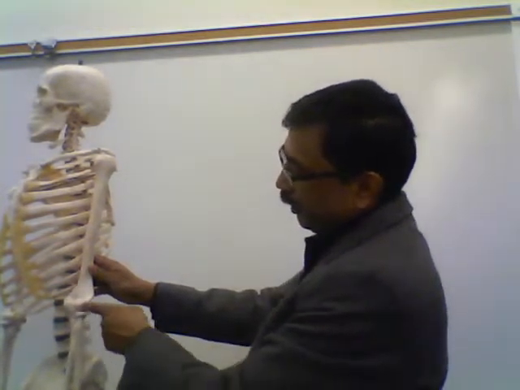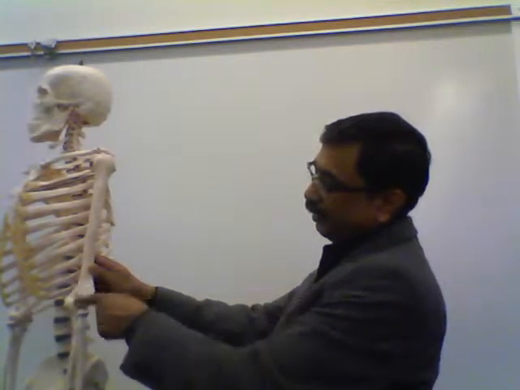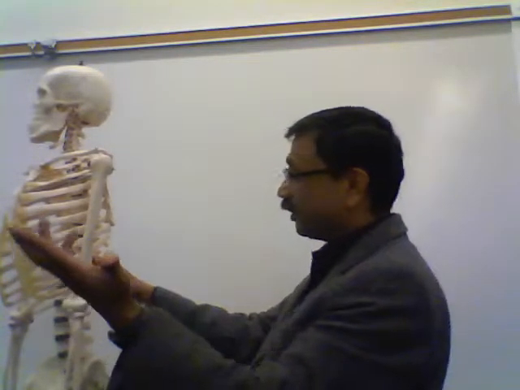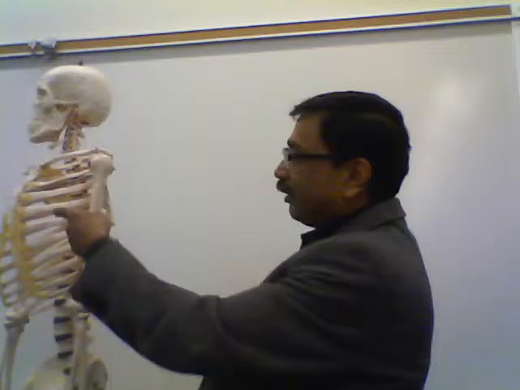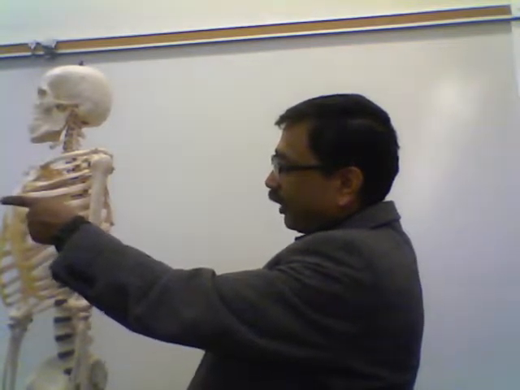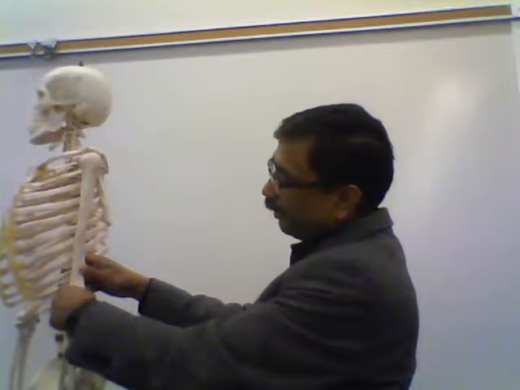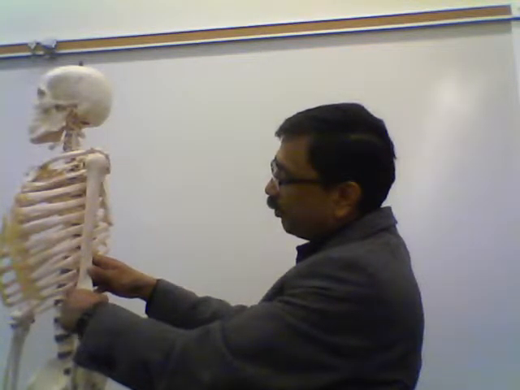The one above the radius is called the radial fossa. So very simple. Okay, you see above the capitulum, that's the radial fossa, and then above the trochlea, that's the coronoid fossa.